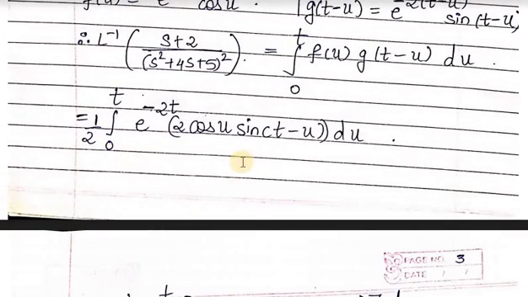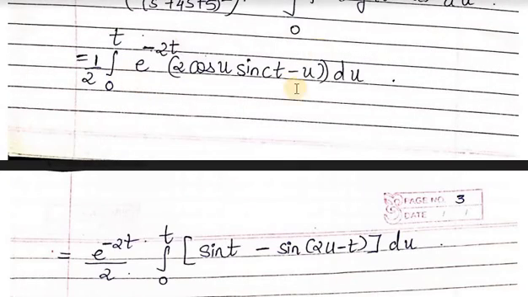Now we have to integrate this function with respect to u. Before integration, we have to apply the formula of 2 cos alpha sine beta, that is sine of alpha plus beta minus sine of alpha minus beta.